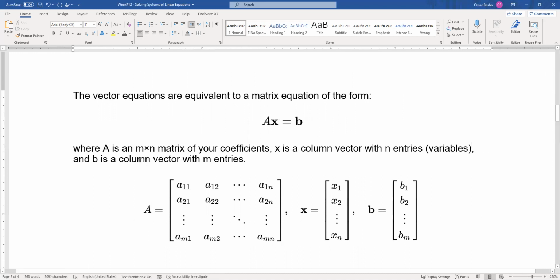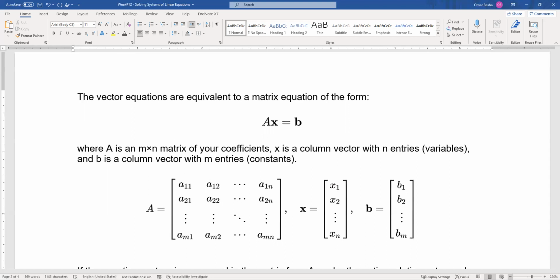And b is a column vector with m entries, and this represents your constants, right? So I have A, x, b. A is all your coefficients, a11, a12, all the way to amn. x is all your variables, x1, x2, all the way to xn, and b is all your constants, okay?